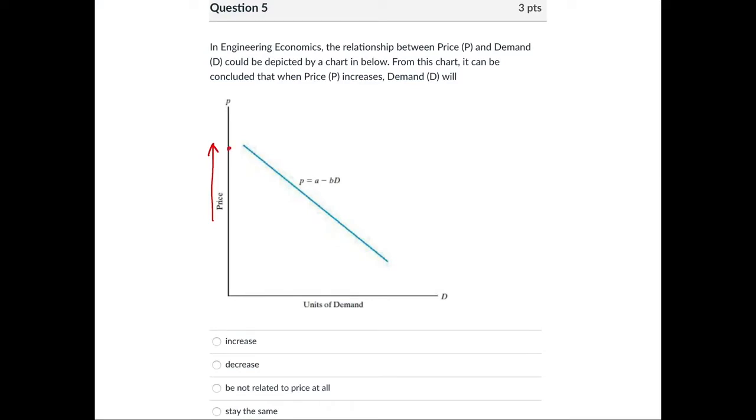Okay, so if you have a higher price, your demand is going to be very close to zero, which makes sense. If that product, a cell phone, is very expensive, then nobody wants to buy it because we have cheaper options. So for this question, when the price increases, demand will decrease.